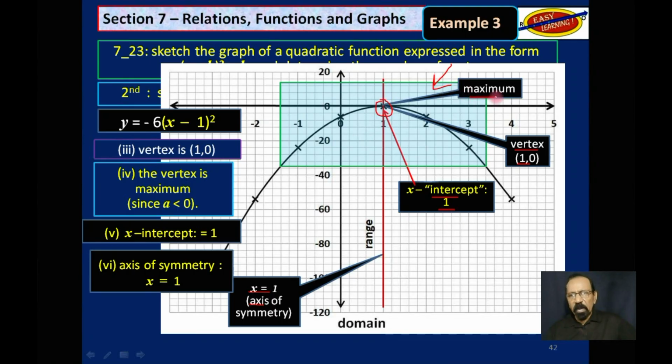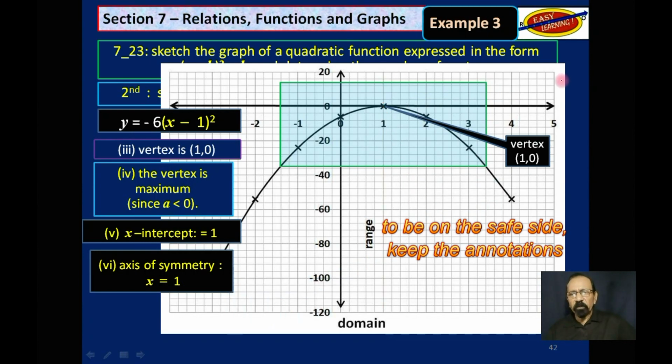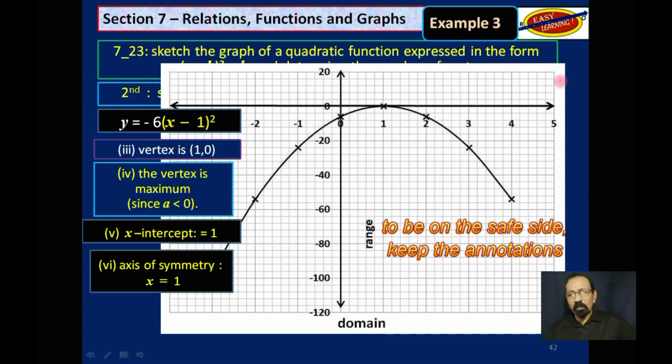We know it is a maximum point. And then we needed 1 or 2 points on the left here, 2 would be better, and then 1 or 2 on the right here to sketch the graph. So with the annotation, that is what your graph would look like. Without the annotation, this is what it will look like.